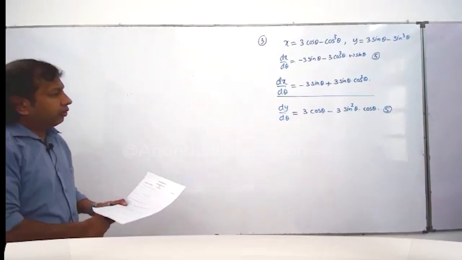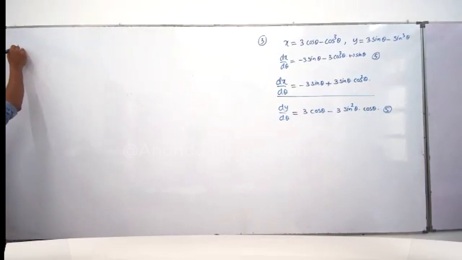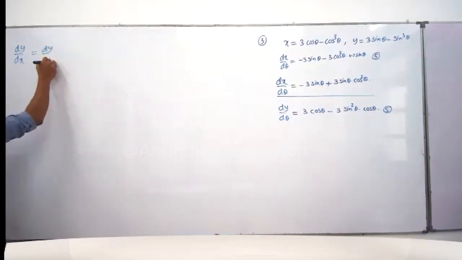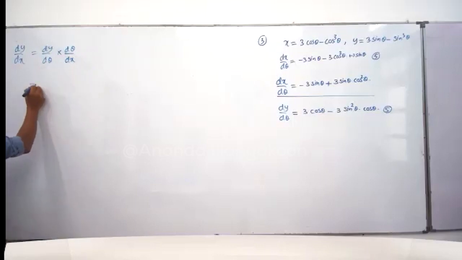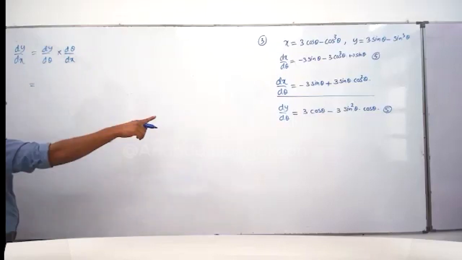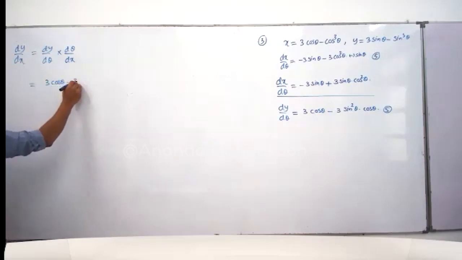Now we can write this by chain rule: dy by dx is equal to dy by d theta multiplied by d theta by dx. Dy by d theta is 3 cos theta minus 3 sine square theta cos theta.